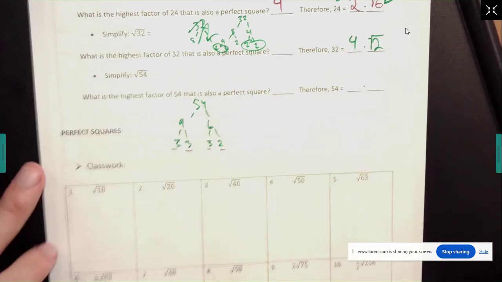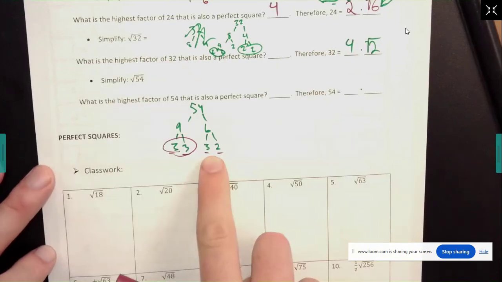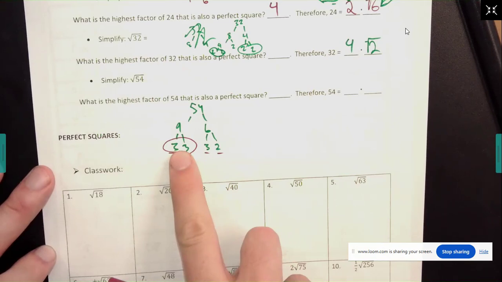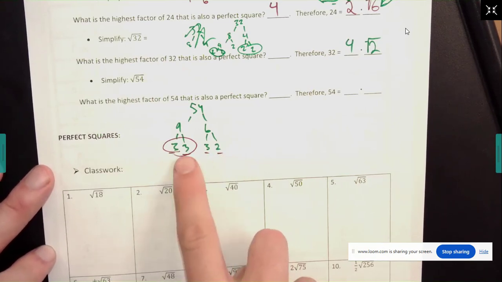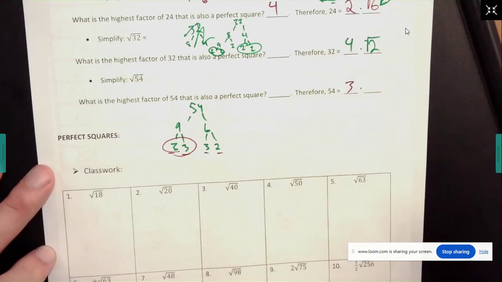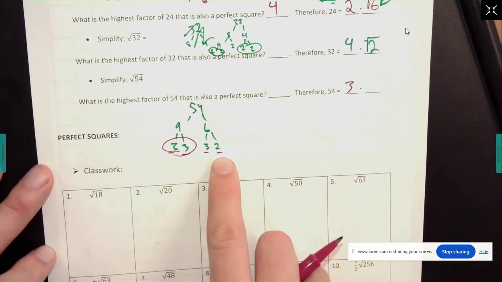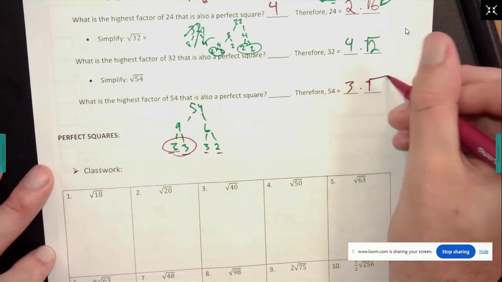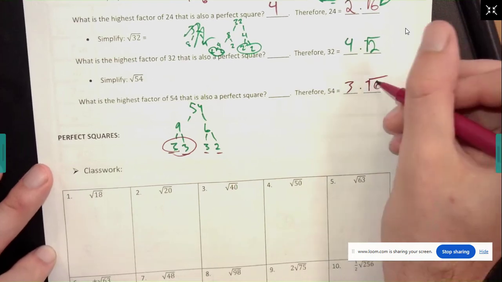Let me pair the 3's up. I don't have anything else to pair for that other 3, right? These are already taken. So the 3's by itself, the 2's by itself. So I have 1 pair of 3's that goes outside. I have a 3 and a 2 left over. So 3 times 2, I multiply what's left over and put it on the inside.